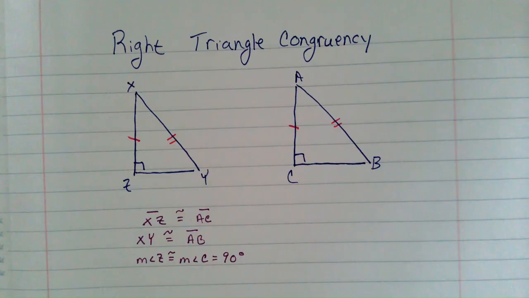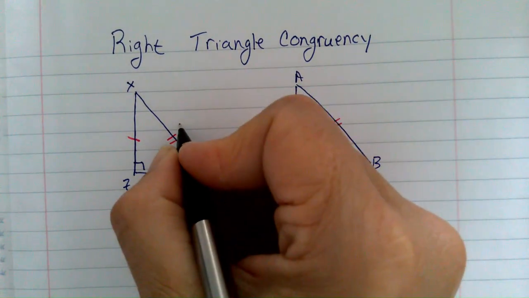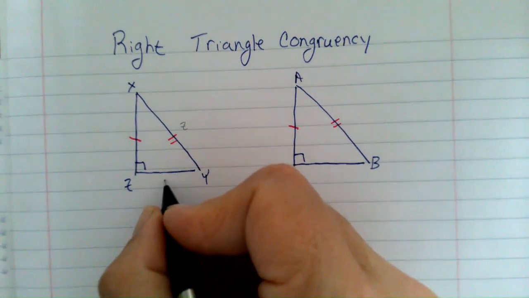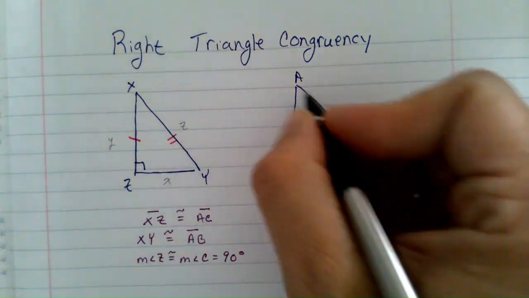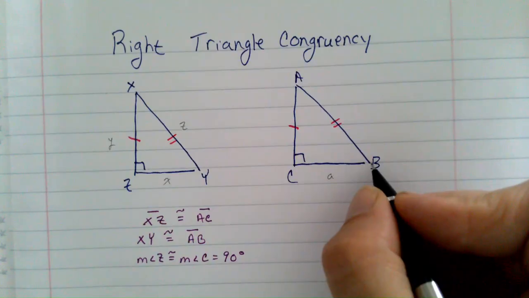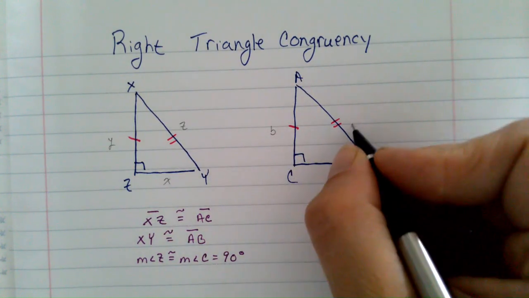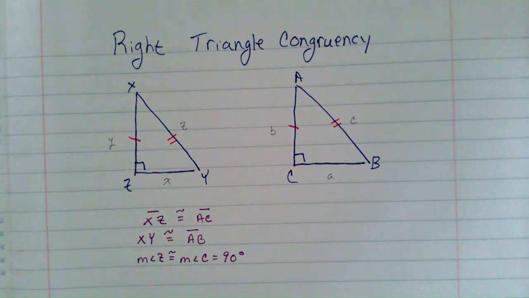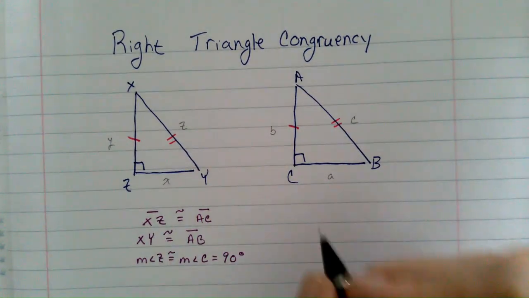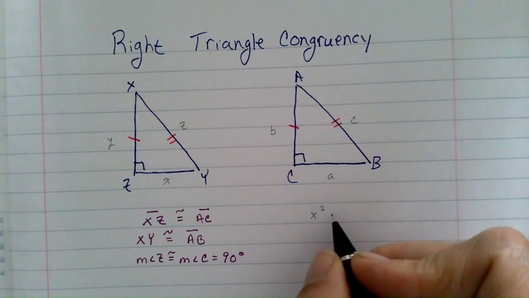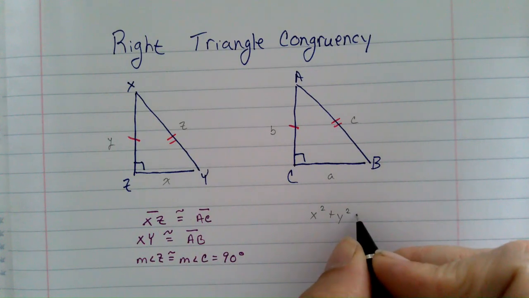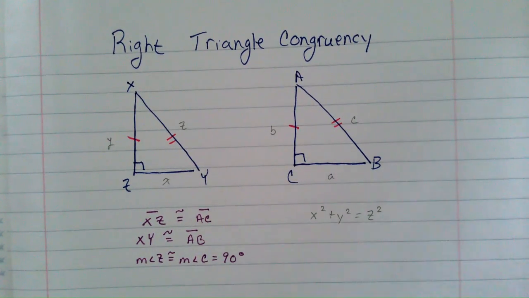Okay, so I'm going to write small side letters so that it saves some of our writing. So we have capital X goes with lowercase x, Y goes with lowercase y, capital A goes with lowercase a, capital B goes with lowercase b. Okay, so we learned something a long time ago called the Pythagorean Theorem. We learn it in junior high generally. So our first triangle, that would be x squared plus y squared equals z squared, right?